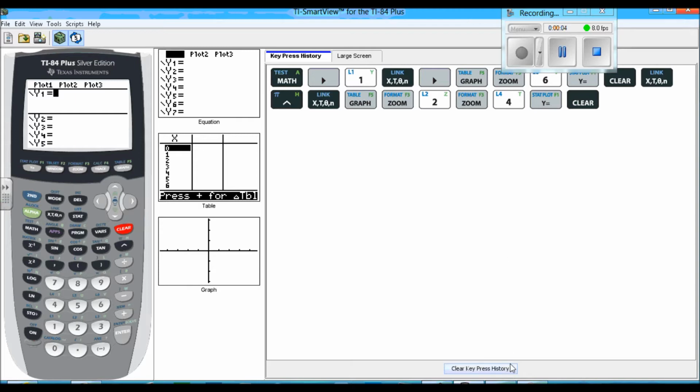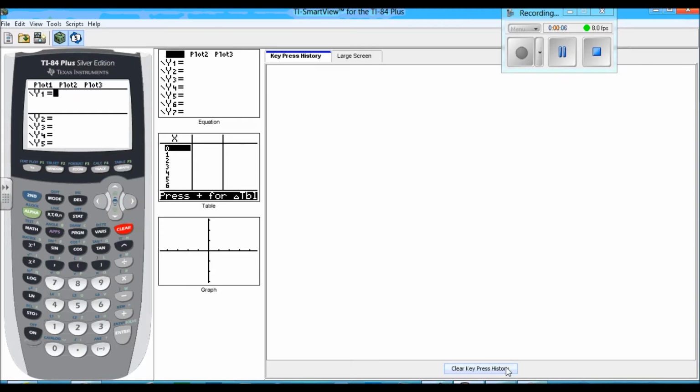Okay, so let's clear this key press history. We're going to find some maximums and minimums, or maxima and minima, depending on which plural you prefer, and also some zeros of a function. So let's look at y equals x cubed.